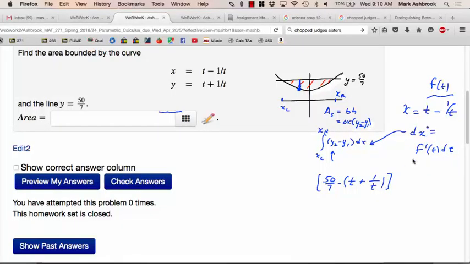And so in this case f prime of t is 1 plus t to the minus 2. So the derivative of t to the minus 1 would be negative t to the minus 2, with the negative makes plus, dt. So there's the integrand. This is our y2 minus y1, and this whole thing is dx.